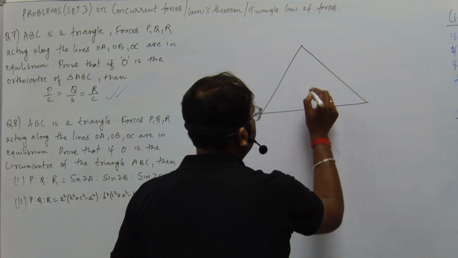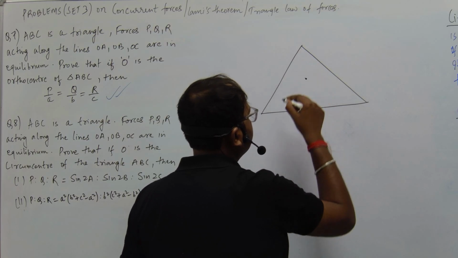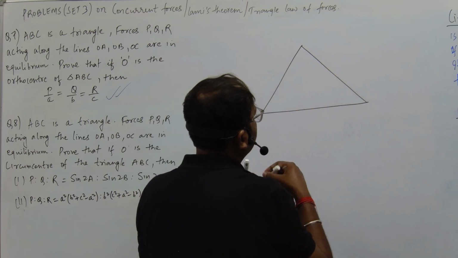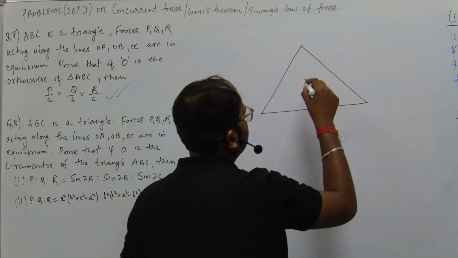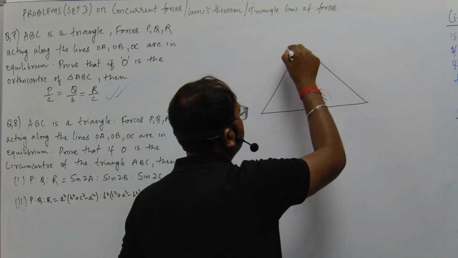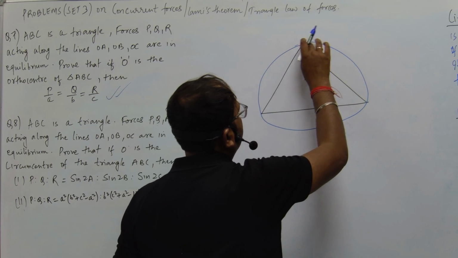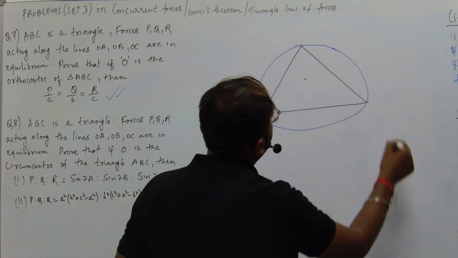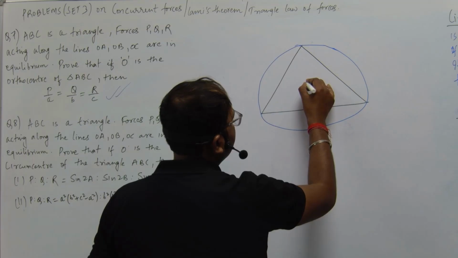The circumcenter will describe a circumcircle. The circumcenter is the point where the perpendicular bisectors intersect. So this will draw a circumcircle, and this is our circumcenter.